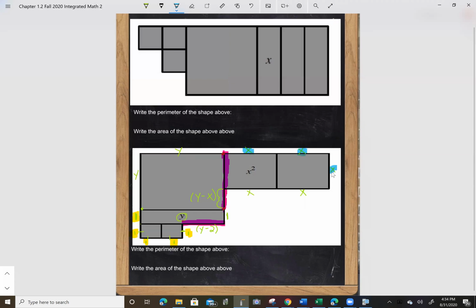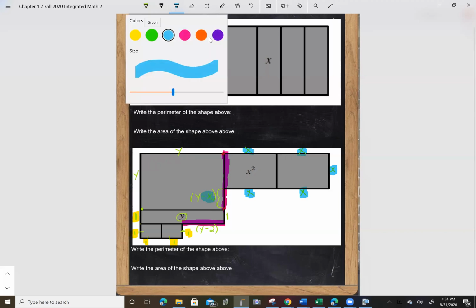It kind of covers it up, but hopefully we remember that the blue is x's. And actually this x is blue too. And then let's do our y's. I'm not going to be able to get a good highlight. Let's just circle them.